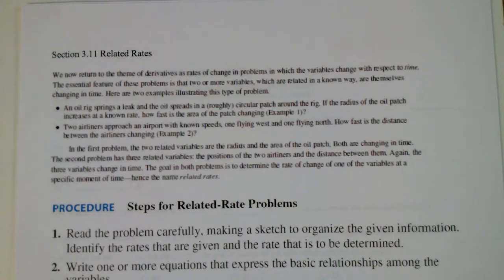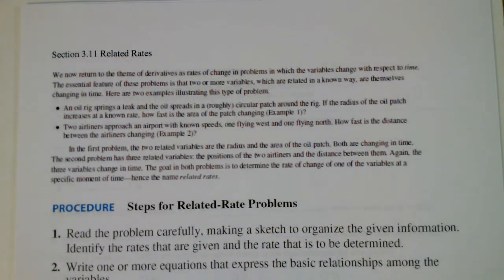All right, so here we're going to return to the theme of derivatives as rates of change in problems in which the variables change with respect to time. The essential feature of these problems is that two or more variables which are related in a known way are themselves changing in time.